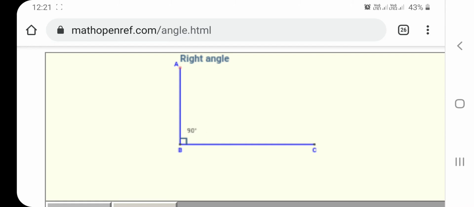If I drag less than 90, it becomes an acute angle. If I drag more than 90, it becomes an obtuse angle. So exactly 90 degree, if I form exactly 90 degree, it becomes a right angle.